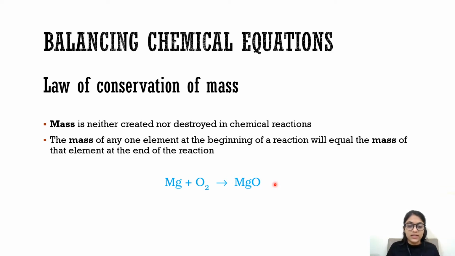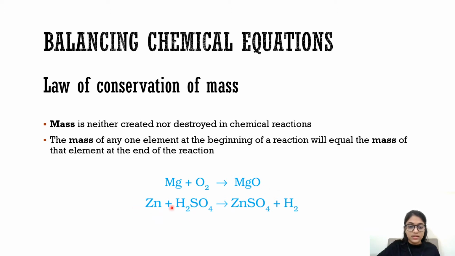We need to balance the number of atoms of each element on both sides of the equation to make sure that the masses of these elements are the same. Now, this is an example of an unbalanced equation, and now we know what we have to do to balance it. However, before I show you how exactly to do it, let me show you an example of a balanced equation.